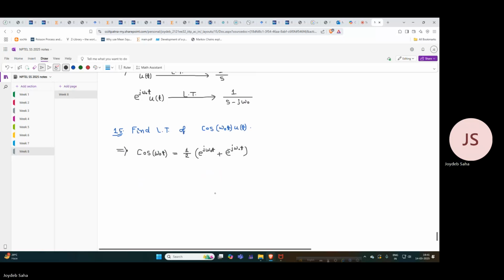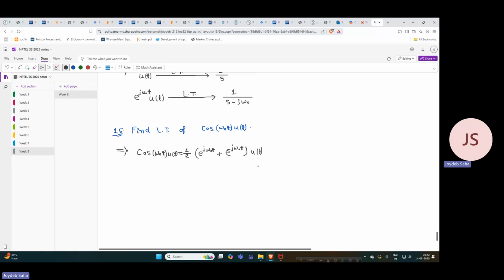Now we have the Laplace transform, multiplied with u(t).